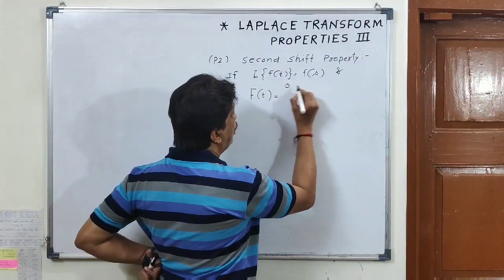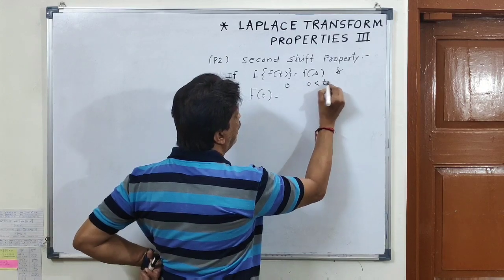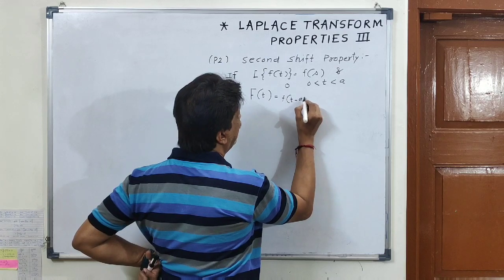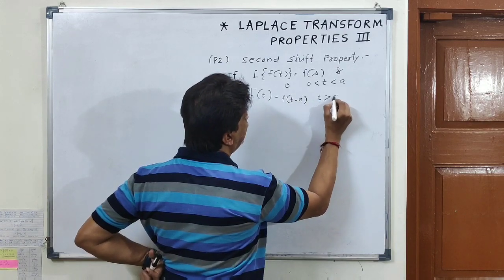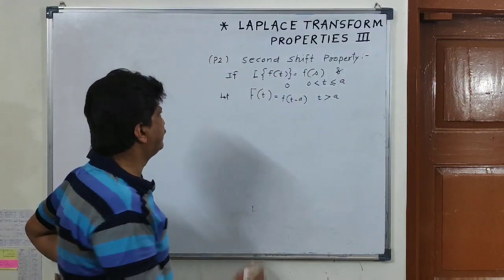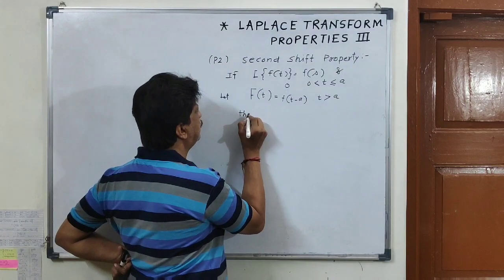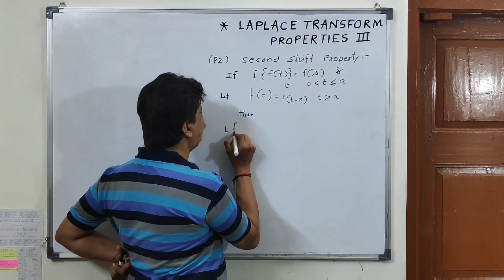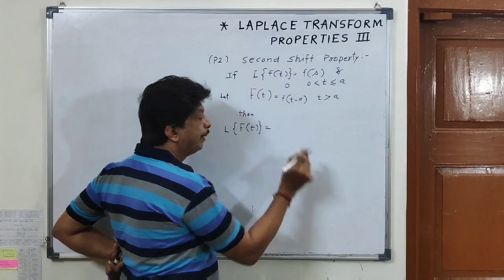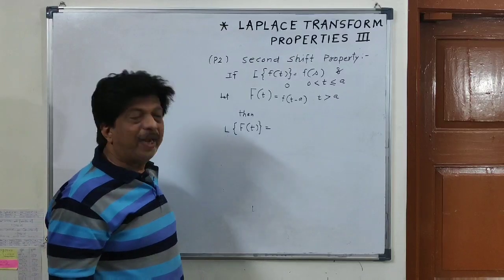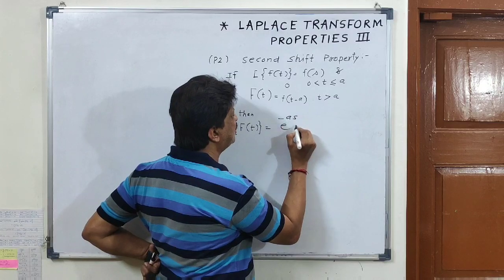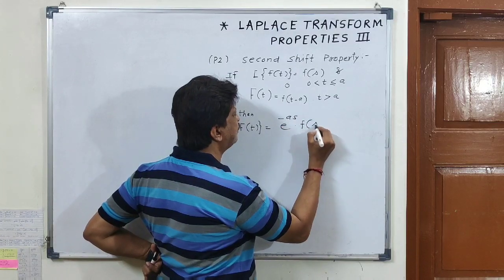say, it is 0 when t lies between 0 to a and it is equal to, say, small f of t minus a, if t is greater than a, then Laplace transform of this newly defined function capital F of t is equal to e raised to power minus as into F of s.